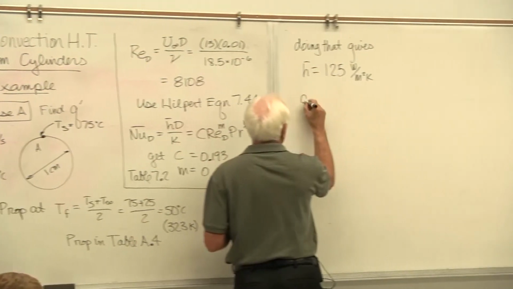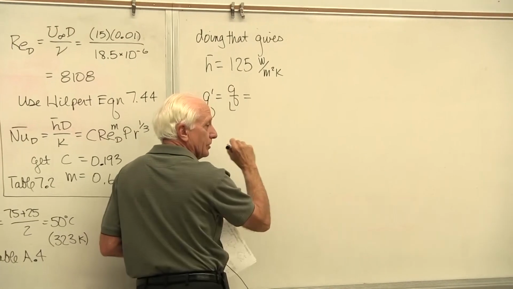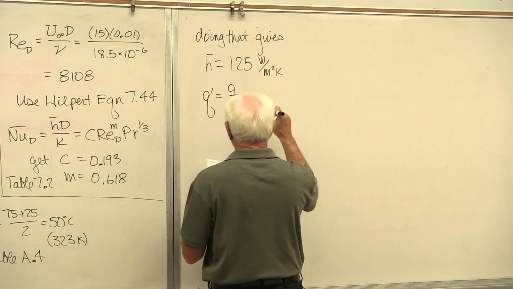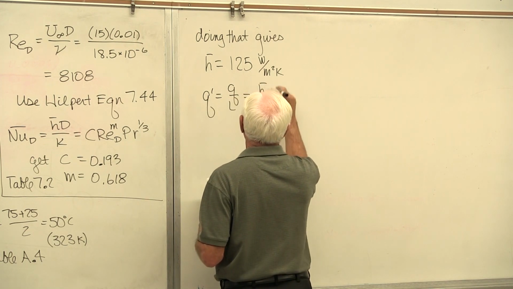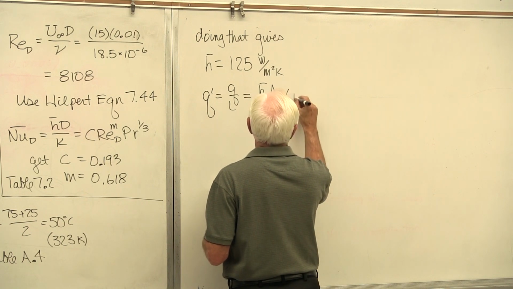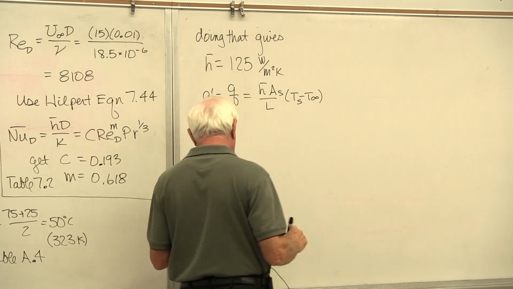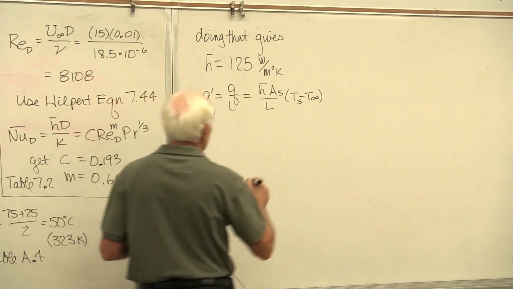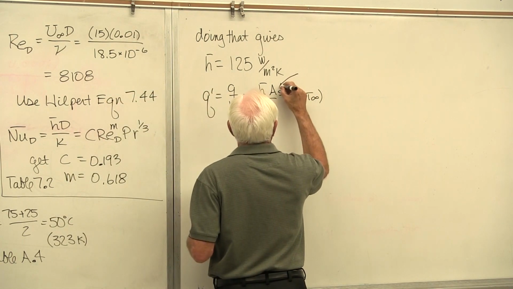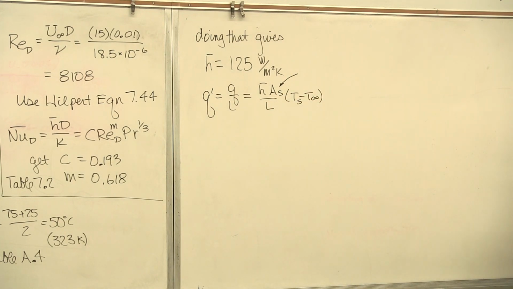Now we want Q prime, which is Q over L. Q is equal to our h bar times surface area times T_s minus T infinity. Surface area of a cylinder is the area of the cylinder touching the fluid, air.